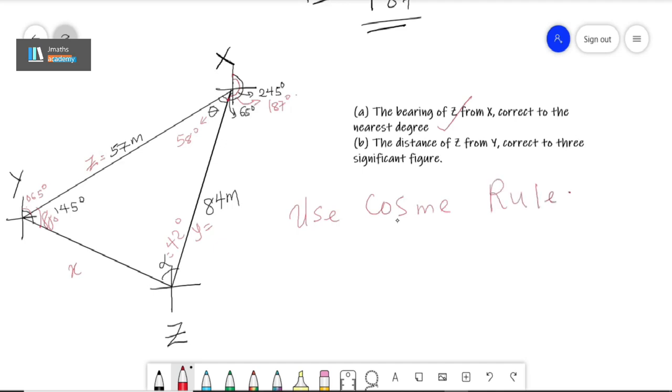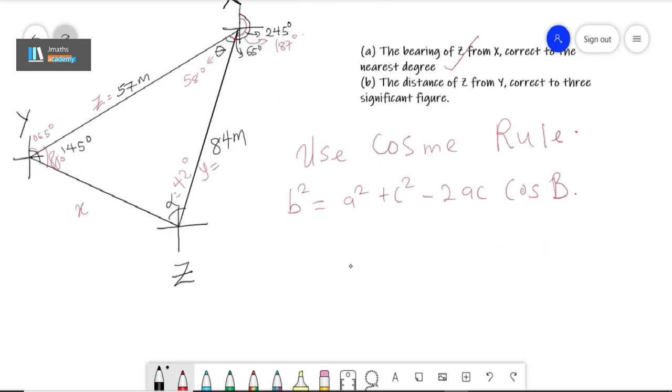And we know our cosine rule to be b squared is equal to a squared plus c squared minus 2ac cos b. So in this case, our formula will be a little bit different, since we are looking for this distance, x, which is unknown.